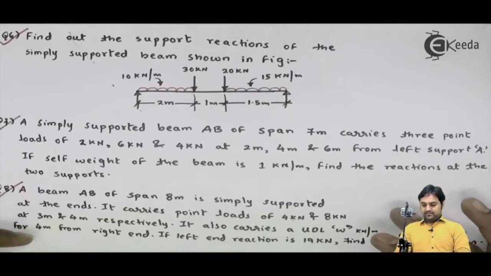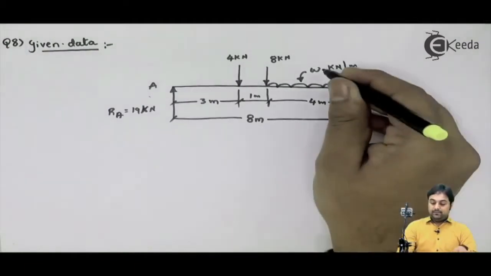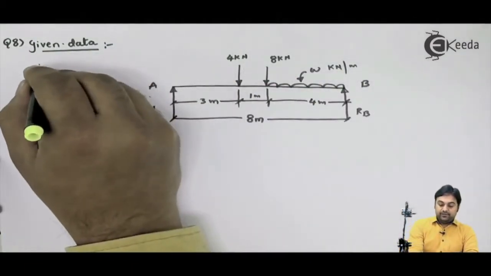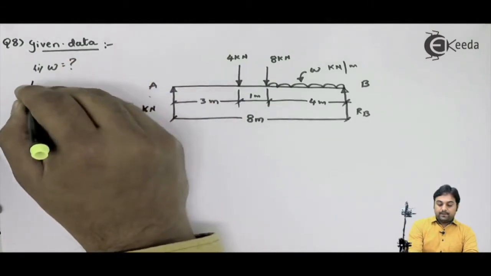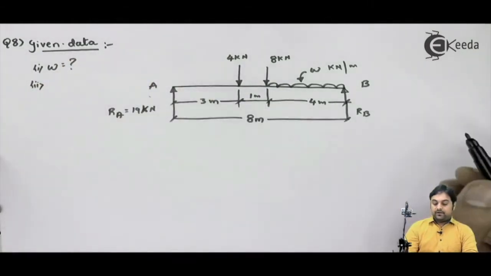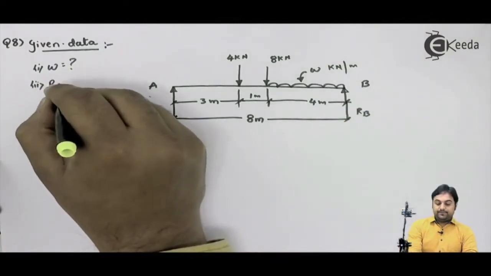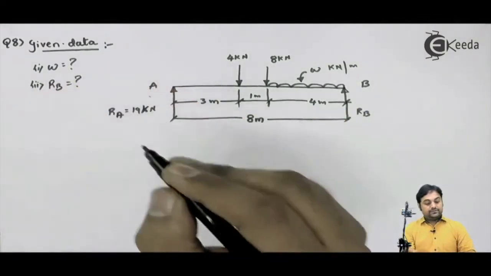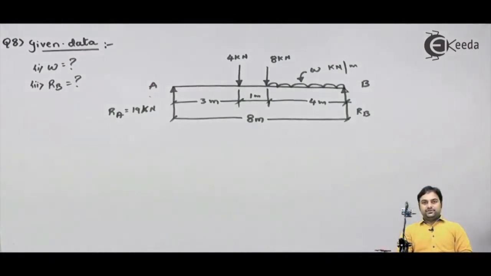What they are saying is to find W and right hand reaction. W means the intensity of UDL. This we have to calculate. Next, we have to calculate the right hand reaction, which is RB. So this much is the data which is given to us.